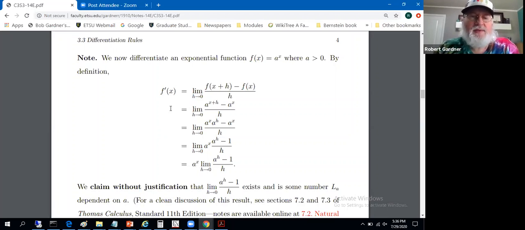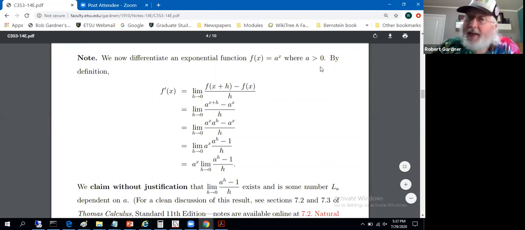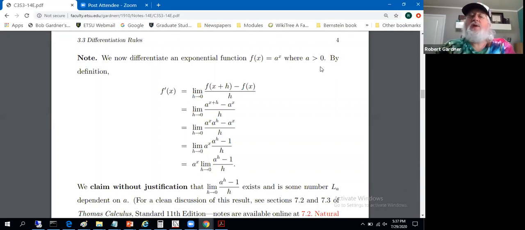We're going to differentiate an exponential function of the form f of x equals a to the x, where a is greater than 0, and I'm going to depend on some of your knowledge about exponential functions from the past. And I'm going to do something new and not justify it. So, my apologies. We want to differentiate this exponential function.